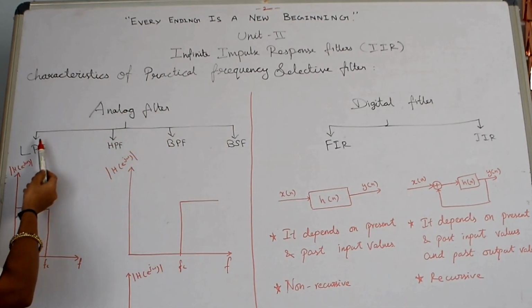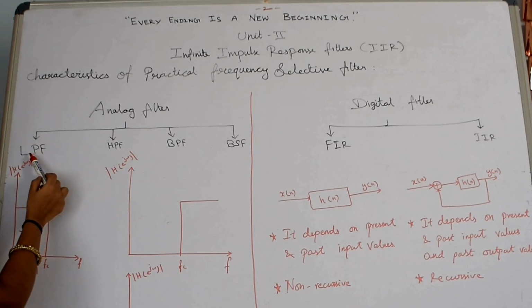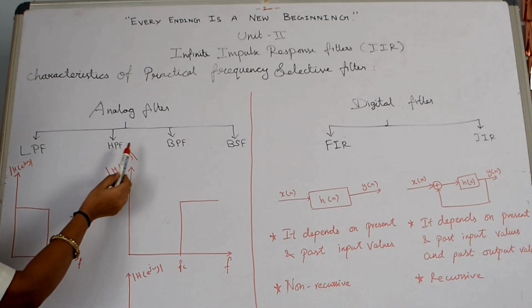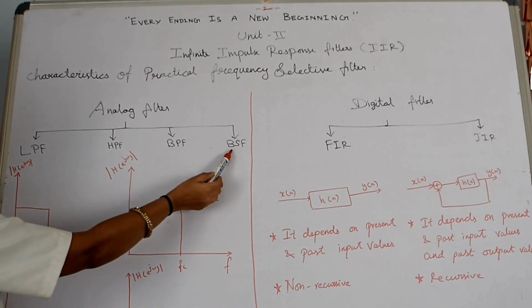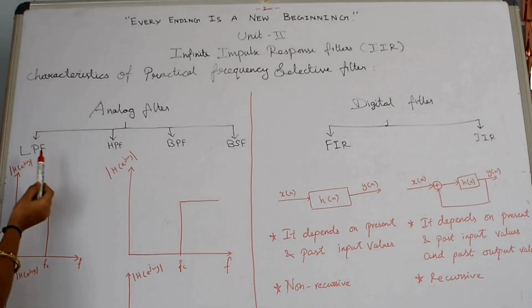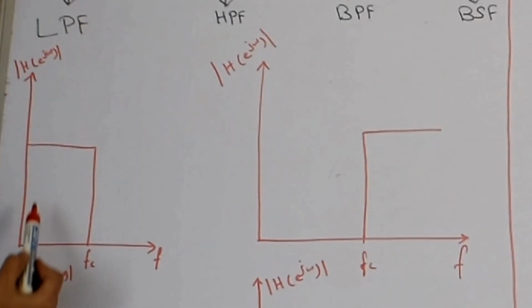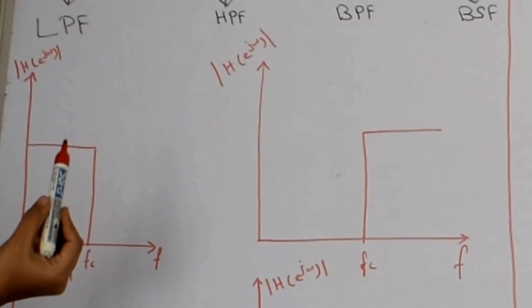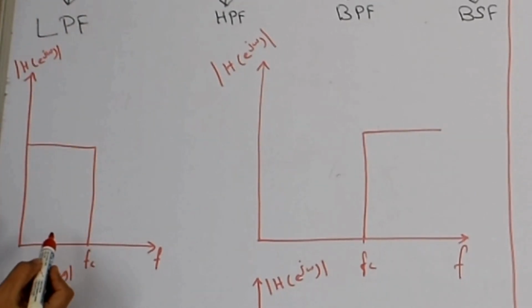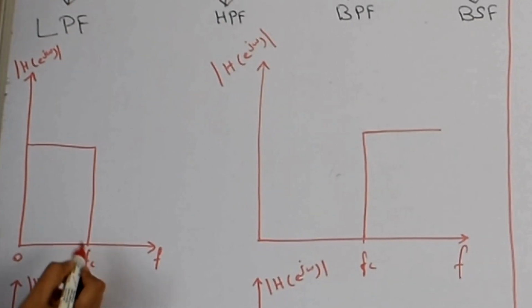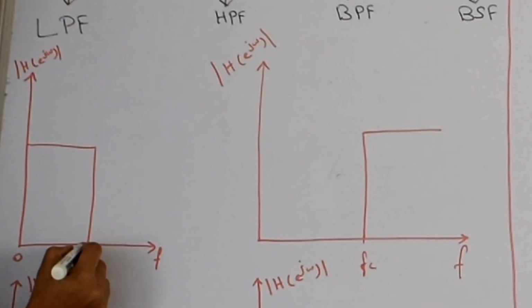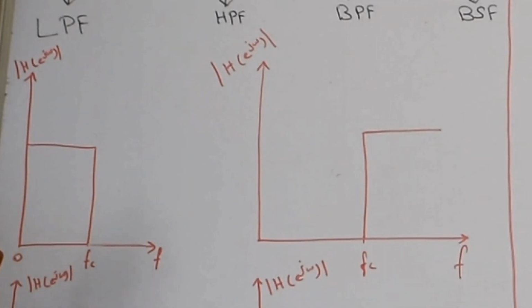Analog filters can be categorized into four types: low pass filter, high pass filter, band pass filter and band stop filter. Here, this is the characteristic of the low pass filter, which allows the low frequency components, which means it allows the frequency component from 0 to cutoff frequency and rejects the remaining frequency levels.